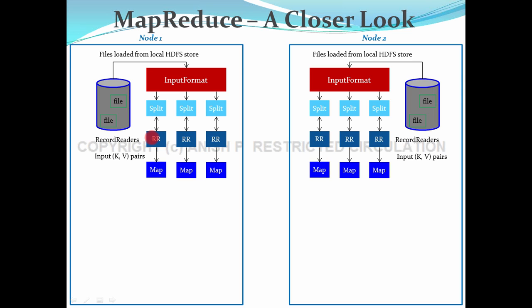It is reading the data from the input split and converting it into a key value pair and presenting it to my map method. After the map method processes the key value, the record reader is invoked again, reads the next key value pair and gives it to the map method. This continues until my complete input split is consumed.